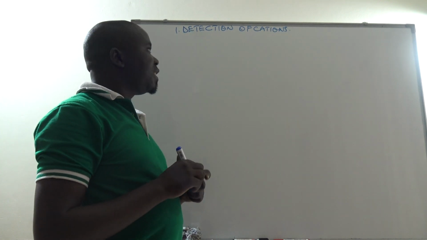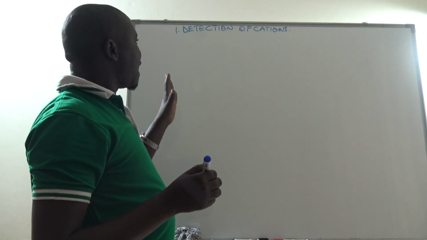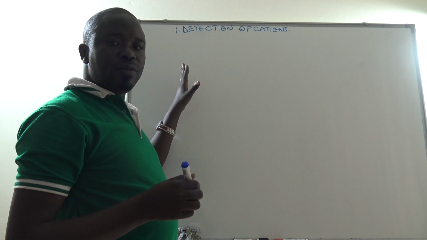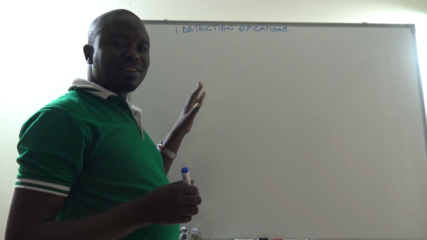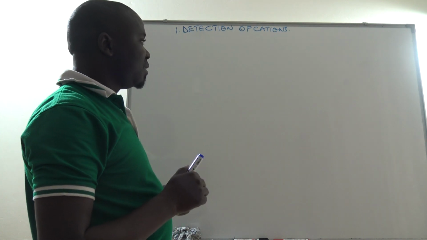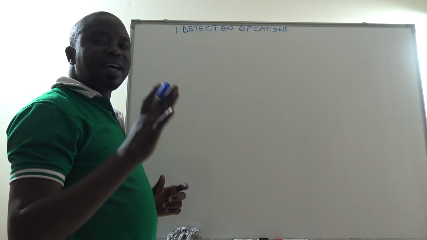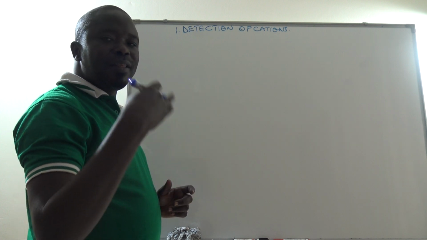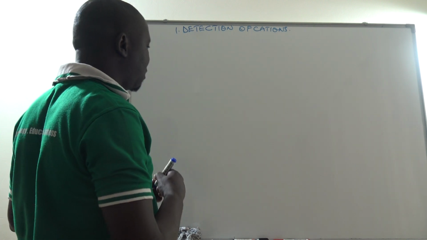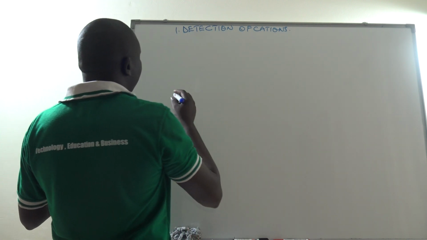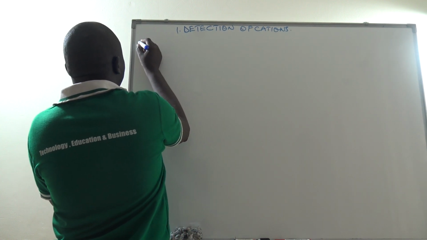Remember, we had a general look at how to detect cations using sodium hydroxide solution and ammonia solution. So now we are going to look at these cations one by one and how they respond to the reagents of sodium hydroxide and ammonia solution.